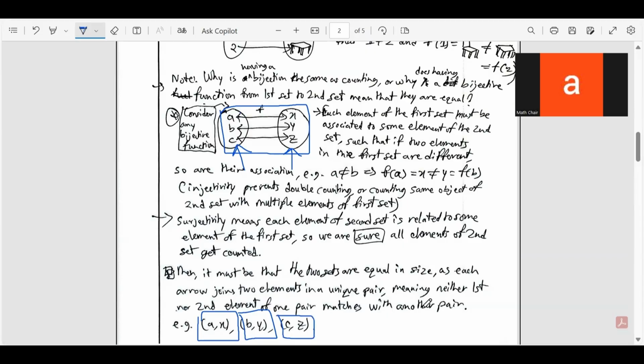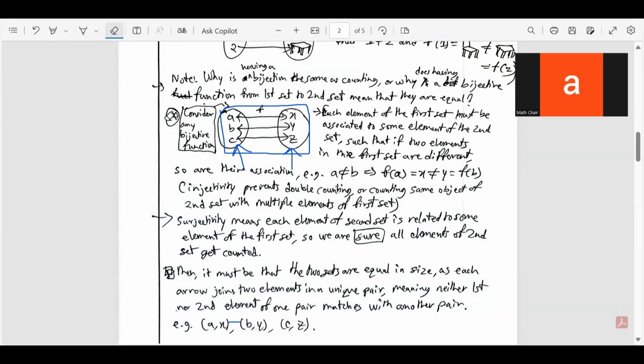And notice that if I compare any two pairs, like the first and the second pair, I see that their first elements are different and their second elements are also different. Take any two pairs, try to compare them, and you will see that none of the first elements will match, none of the second elements will match.